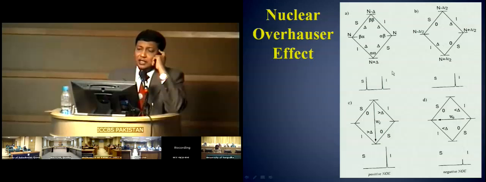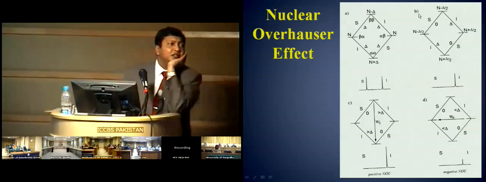Full delta and half delta. And this was N, now this is N plus half delta. Similarly, this was N, and now it is N minus half delta, and it was minus delta, it is now minus half delta. So the population is transferred from here to here and here to here.